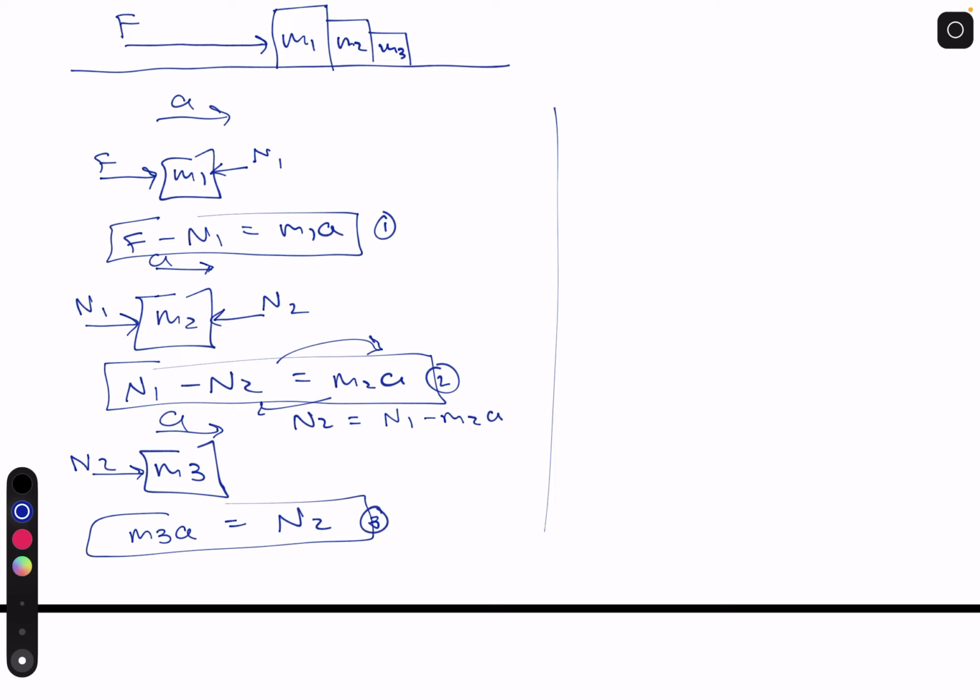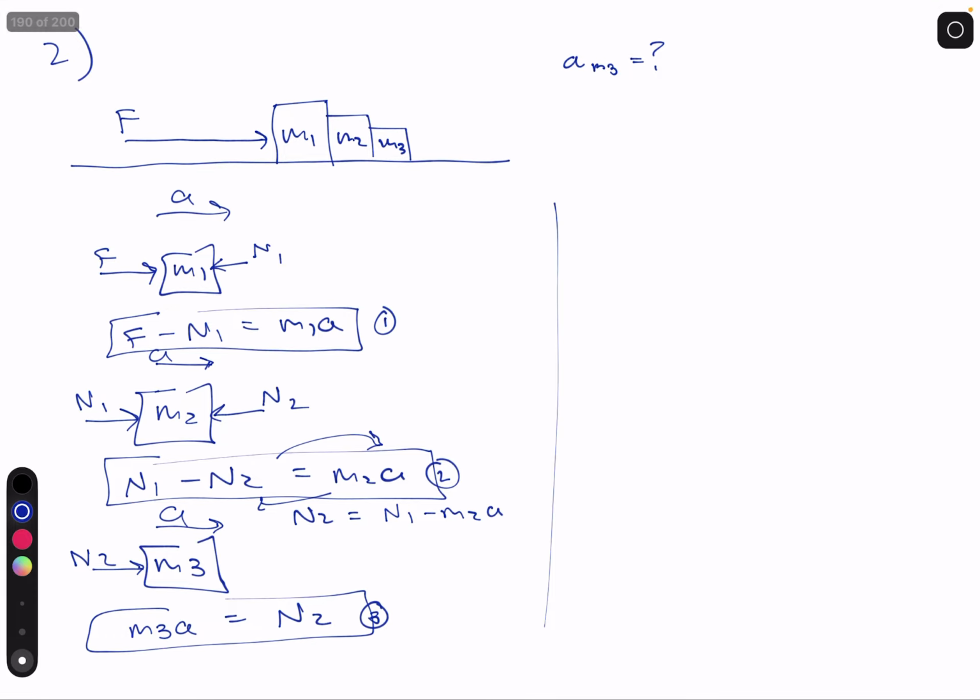So let's just substitute that. M3A is equal to N1 minus M2A. And what do you think is N1? N1 is equal to F minus M1A. So this is equal to F minus M1A minus M2A.